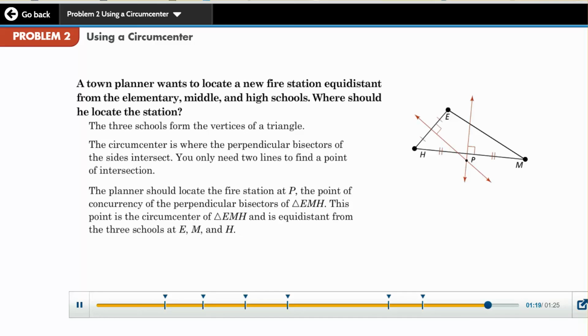This point is the circumcenter of triangle EMH and is equidistant from the three schools at E, M, and H. So remember, when you're finding the circumcenter, that point is going to be equidistant from the three vertices of the triangle. The next example we're going to look at deals with the incenter, and the incenter is the point that is equidistant from the three sides of the triangle.